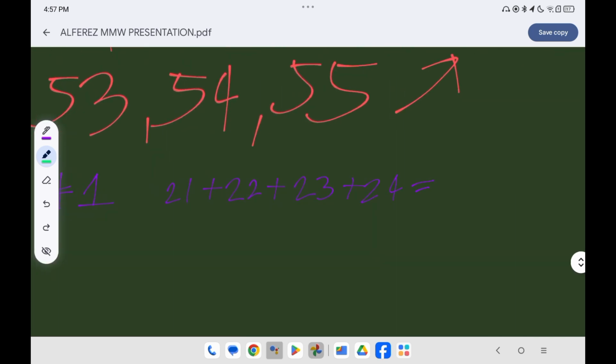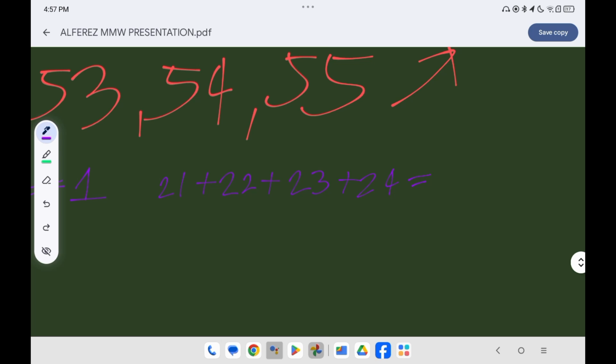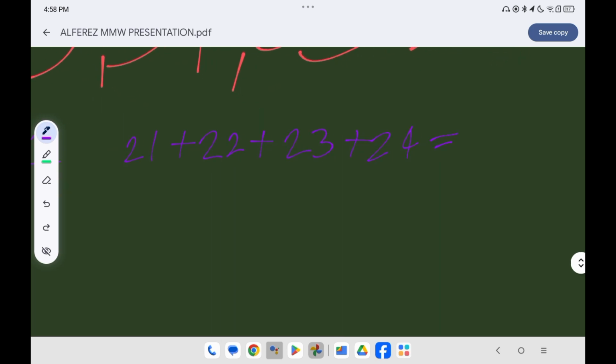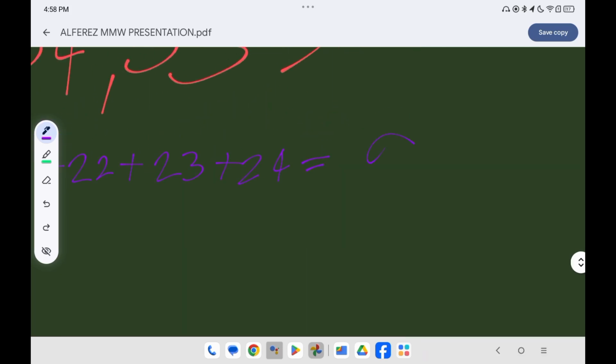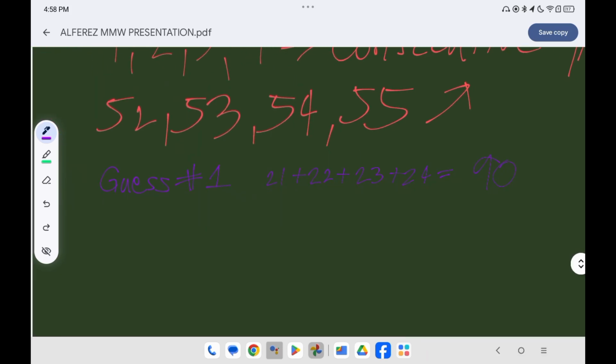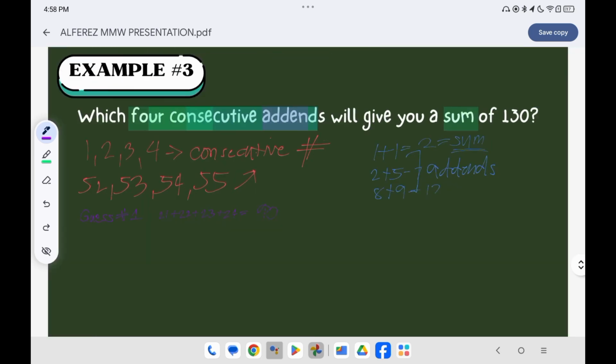So, again, back to guess number 1. What do you think is the answer in this equation? 21 plus 22 plus 23 plus 24 is what? Yep, you get it right. It's 90. Again, this is lower than 130, which is what we are looking for.